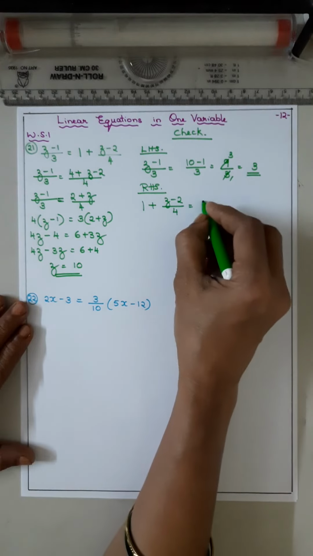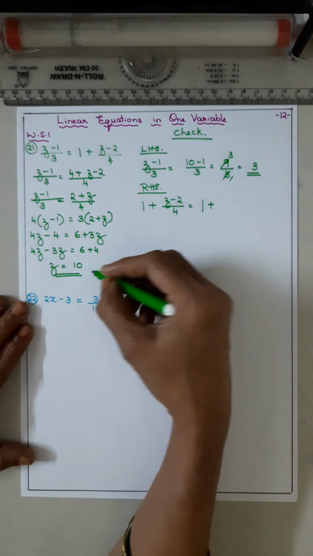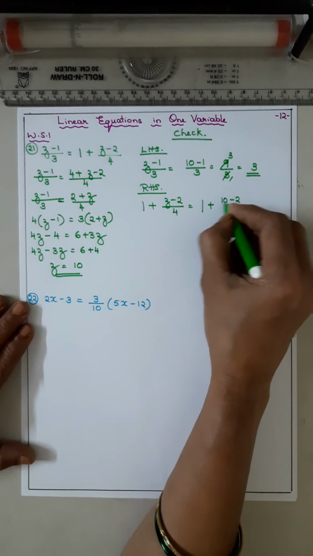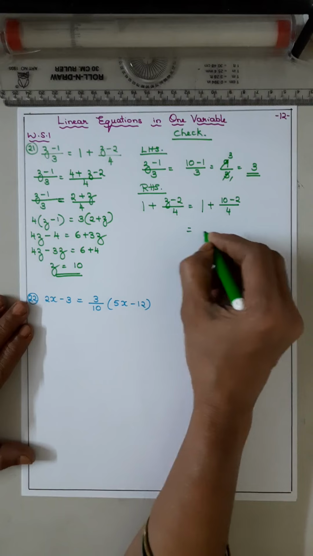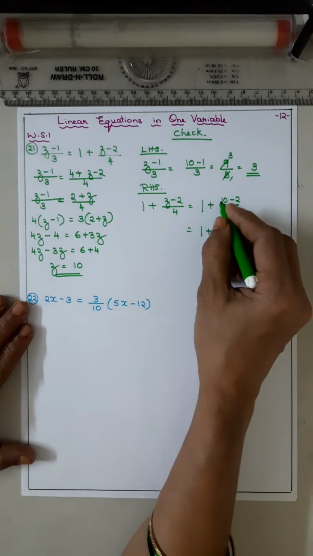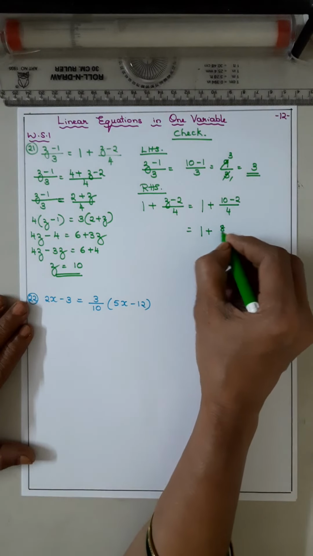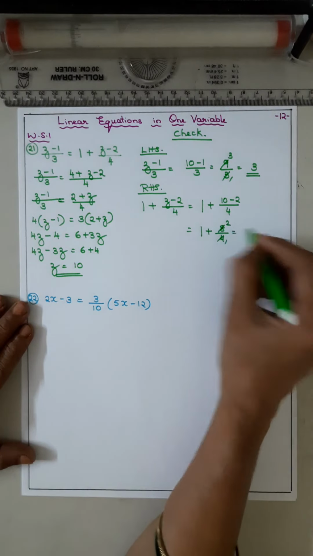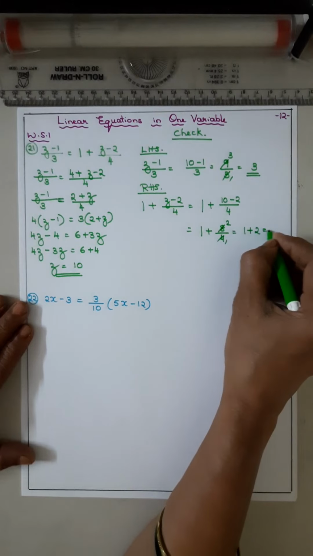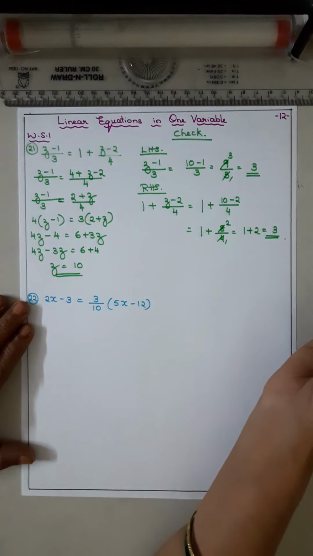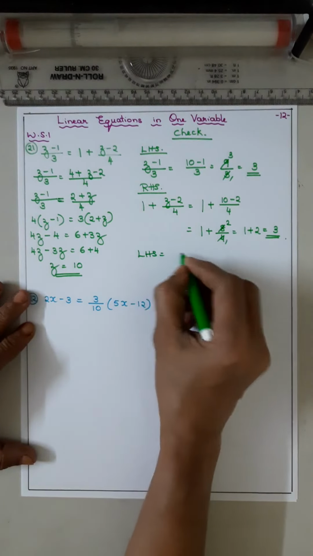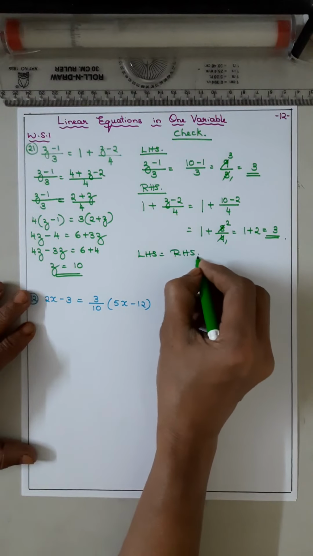That is 1 plus (10 minus 2) upon 4. It is 1 plus 8 by 4. 4 2s are 8, that is 1 plus 2 is equal to 3. Isn't it? So you got LHS is equal to RHS.